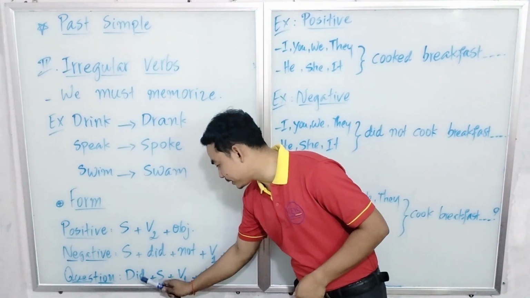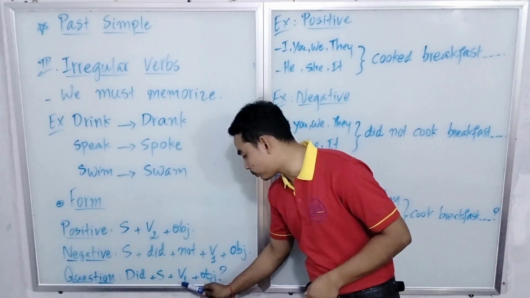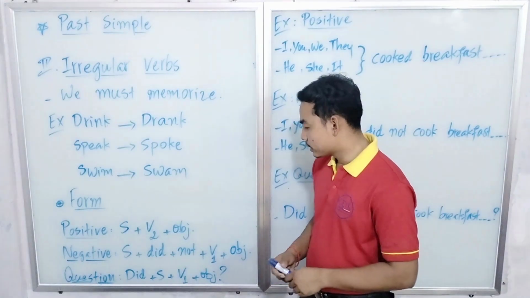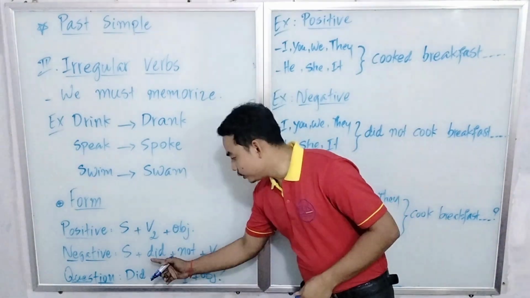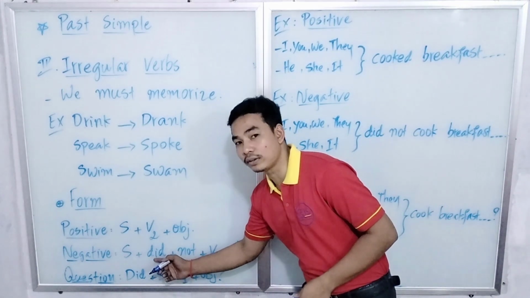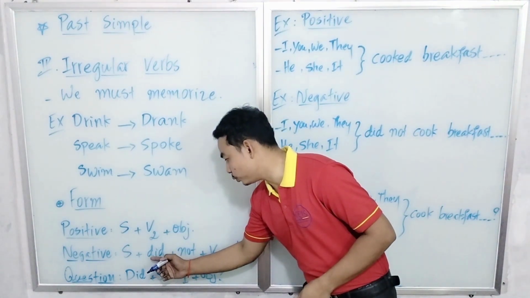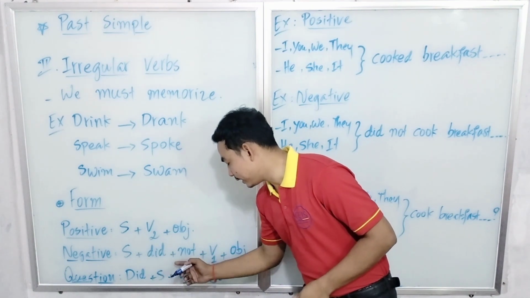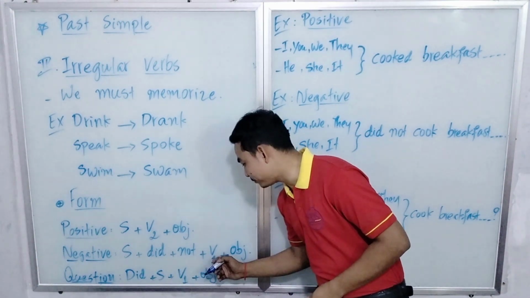Question: did plus subject plus verb 1 plus object. You need to make sure that this one actually comes from present simple, do or does, but here we change to did. Did plus not, and be careful with this.